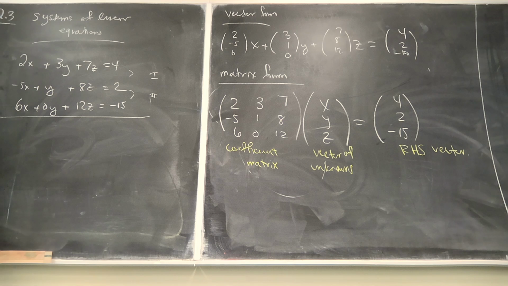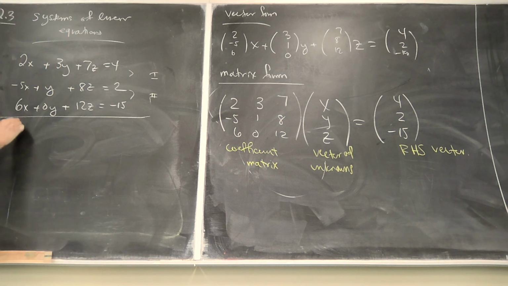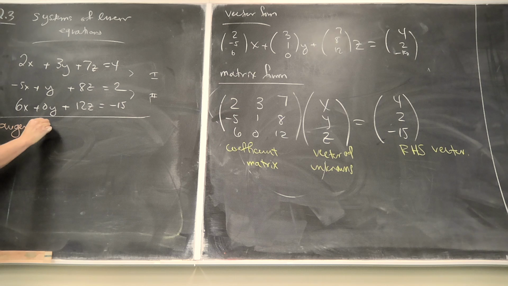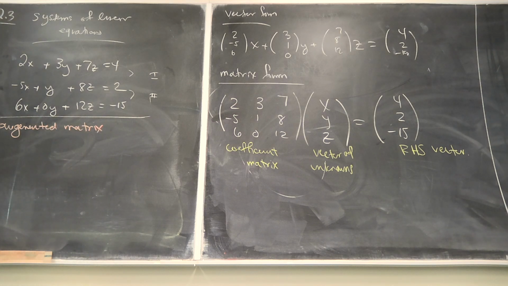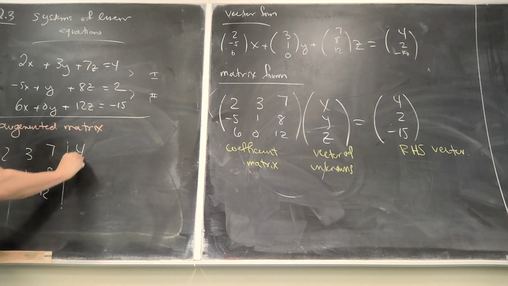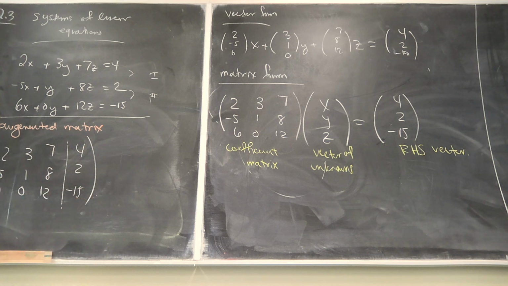So I could write this as an augmented matrix, is what this is called, by taking the coefficient matrix 2, 3, 7, minus 5, 1, 8, 6, 0, 12, and augmenting it with the solution column, 4, 2, minus 15.